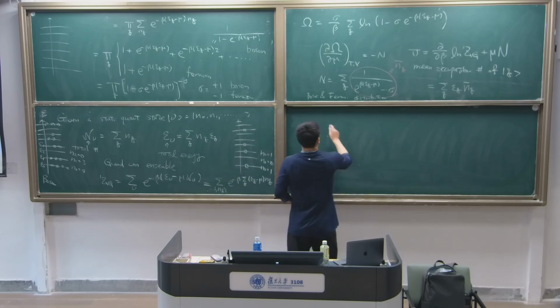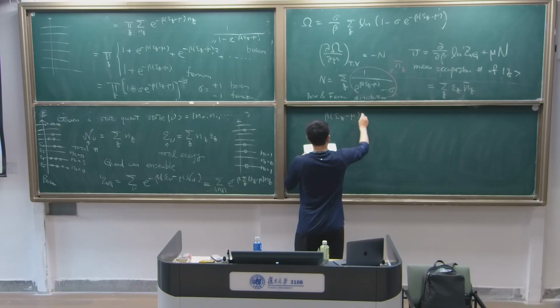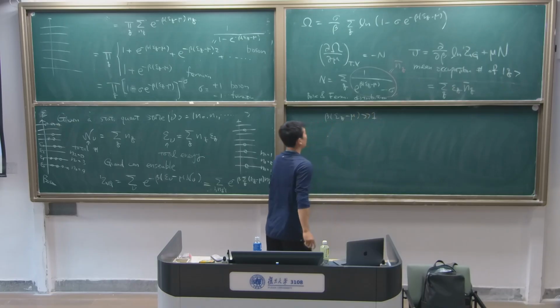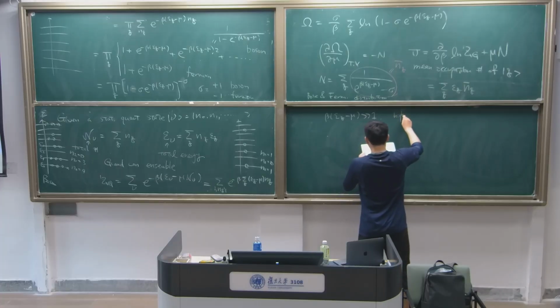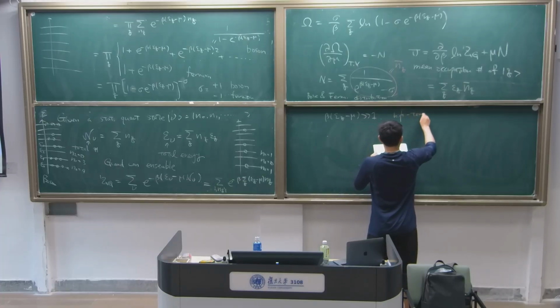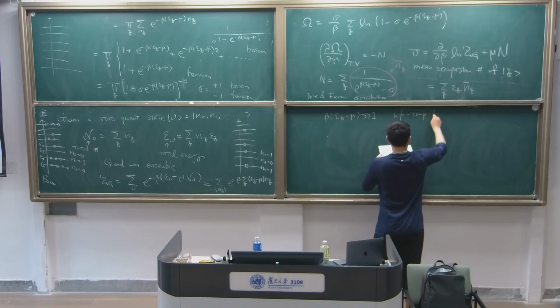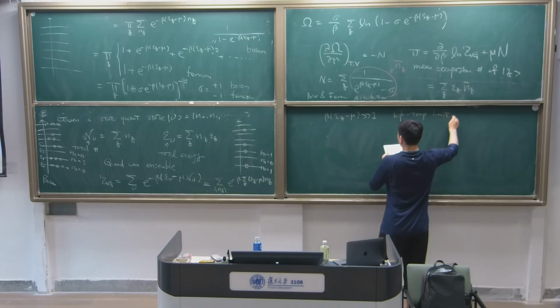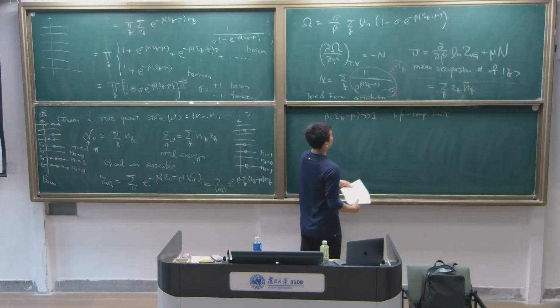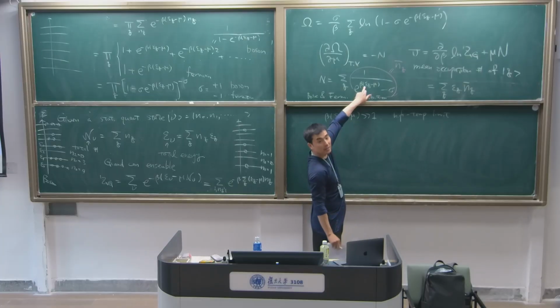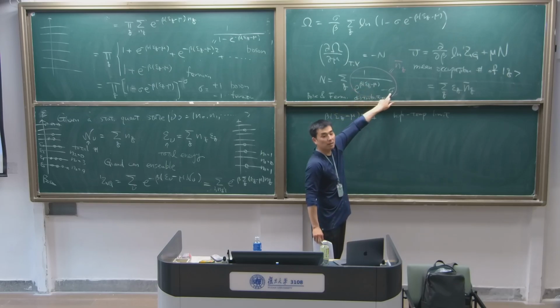Let's move on. If you take the high temperature limit, where beta times (epsilon minus mu) is much greater than 1, this term is dominant over the sigma.